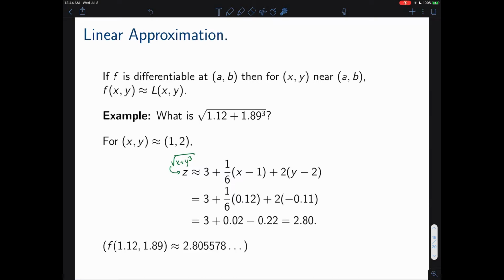We had to compute some derivatives, and we found the 1/6 and the 2, but that's it. So in the trade-off of simplicity versus accuracy, the linear approximation is relatively simple and yet still maintains some amount of accuracy. Of course, you can go on further and do more sophisticated things, add more terms to get more accuracy, but for now, it's the linear approximation that we're looking at.